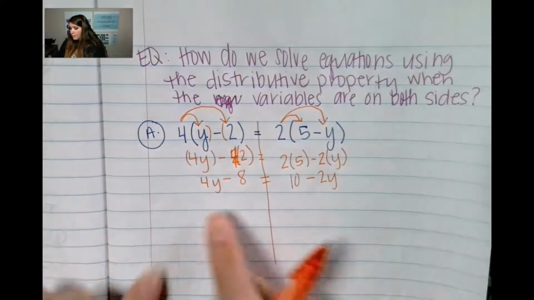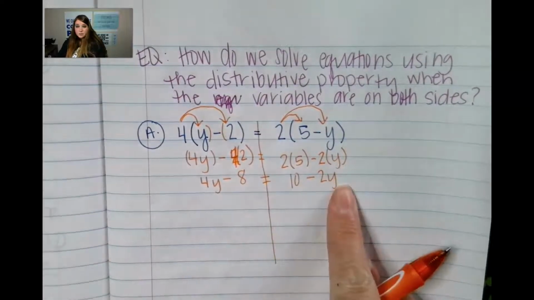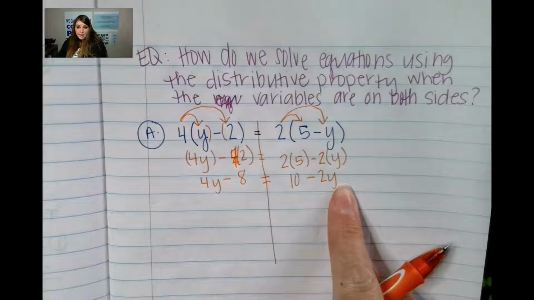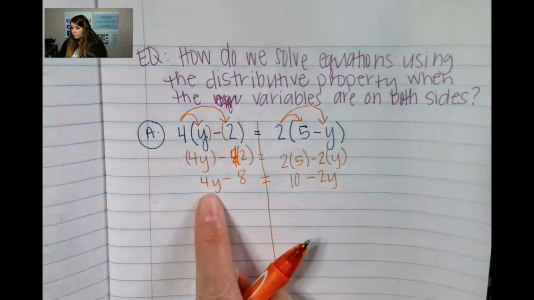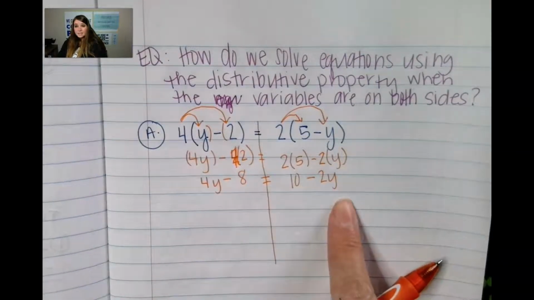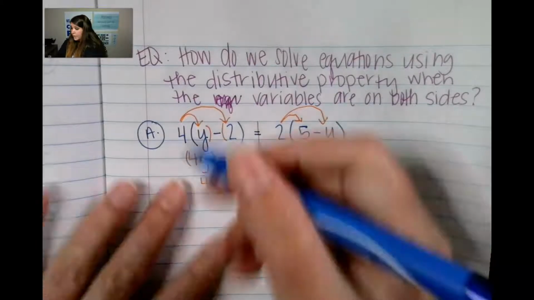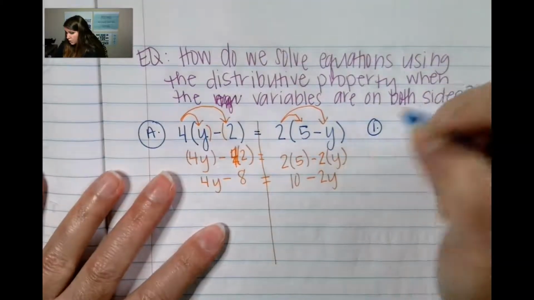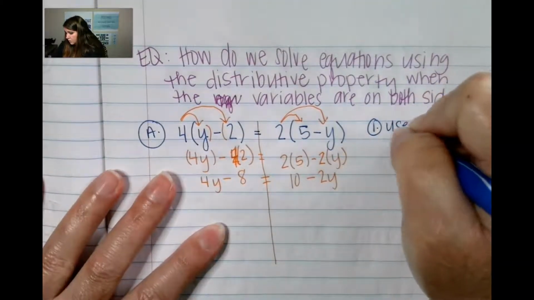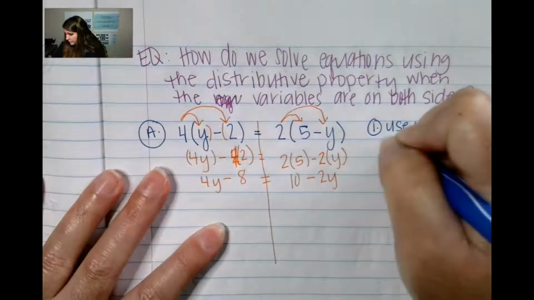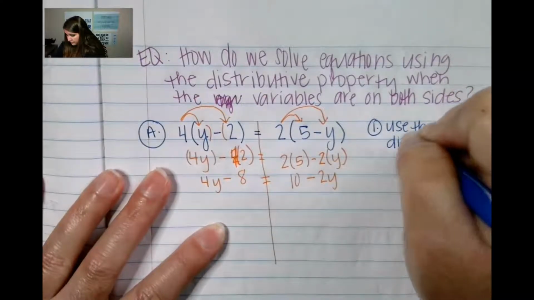So our problem that we're working with, just like we did yesterday, follows needing to get the variables. So our first step here in orange was to use the distributive property.